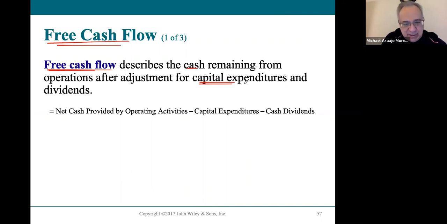So in capital expenditures, we're looking specifically at what money is being spent for property, plant, and equipment, right? And also we subtract out the dividends. And the difference between those three numbers is something called the free cash flow. So again, cash provided by operating activities, take away your capital expenditures, which is on your fixed assets, property, plant, equipment, take away your cash dividends.